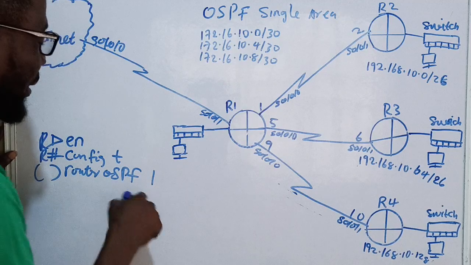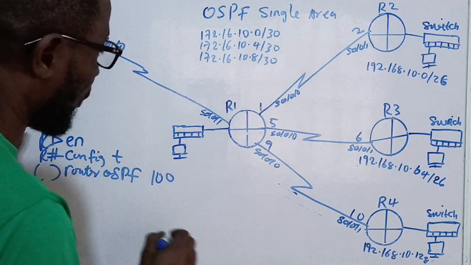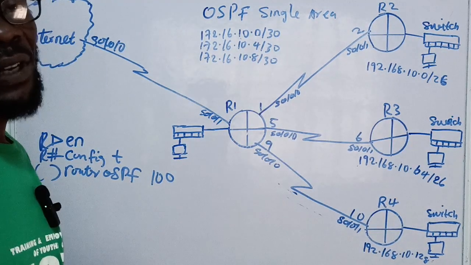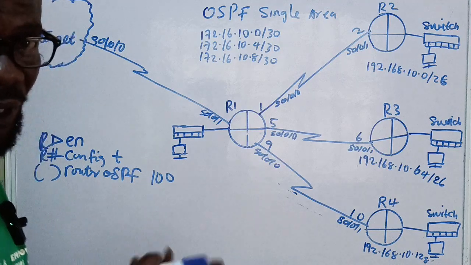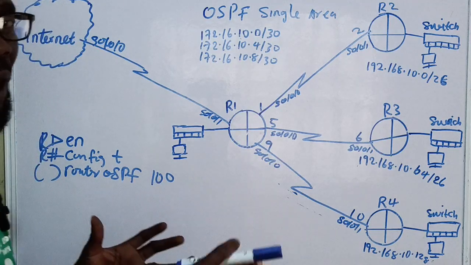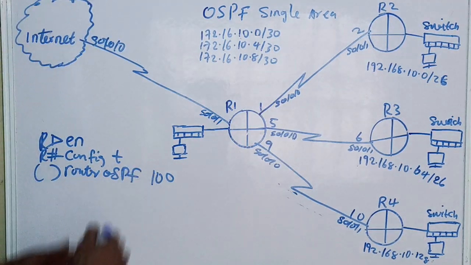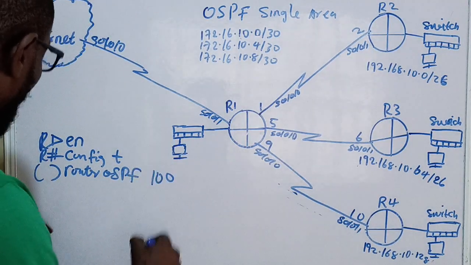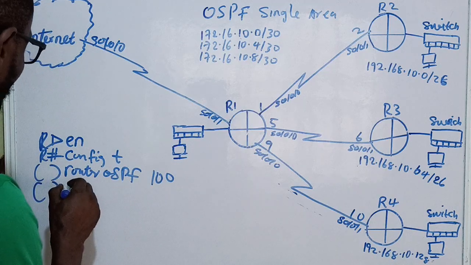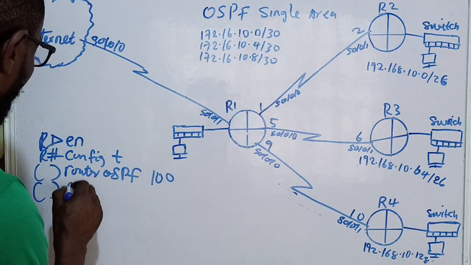This is a process ID. I can make it 100. It's from 1 to 65535. Any number between 1 and 65535 can be used here. So you hit enter.